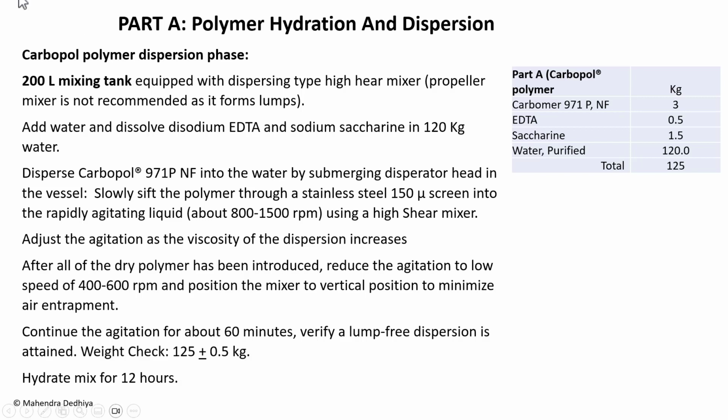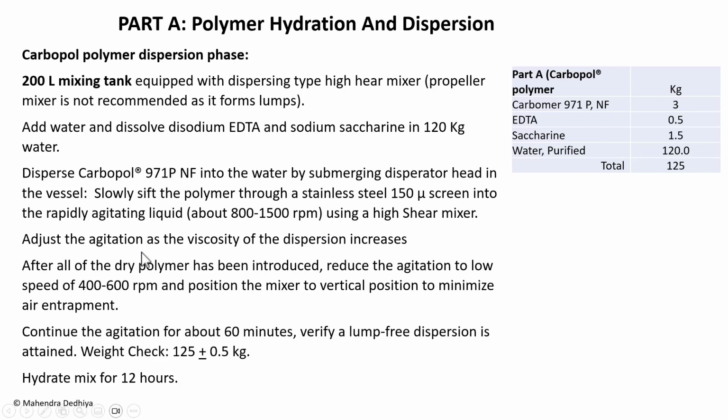First step is add water, dissolve sodium EDTA and saccharin. Those are both soluble materials. And then Carbopol 971, also called Carbomer, is slowly shifted through 150 micron to break lumps in rapidly agitating liquid at 800 to 1500 RPM, just as Carbomer is added because it will start increasing the viscosity.